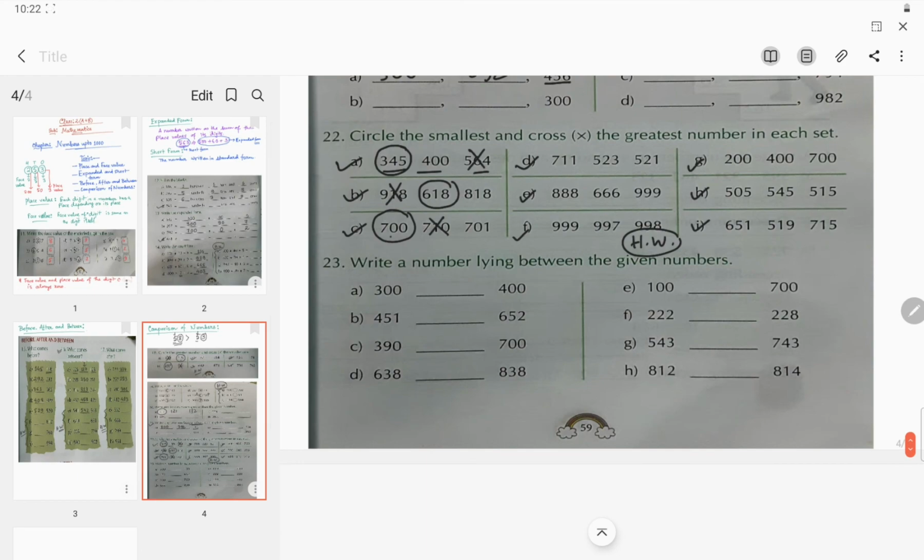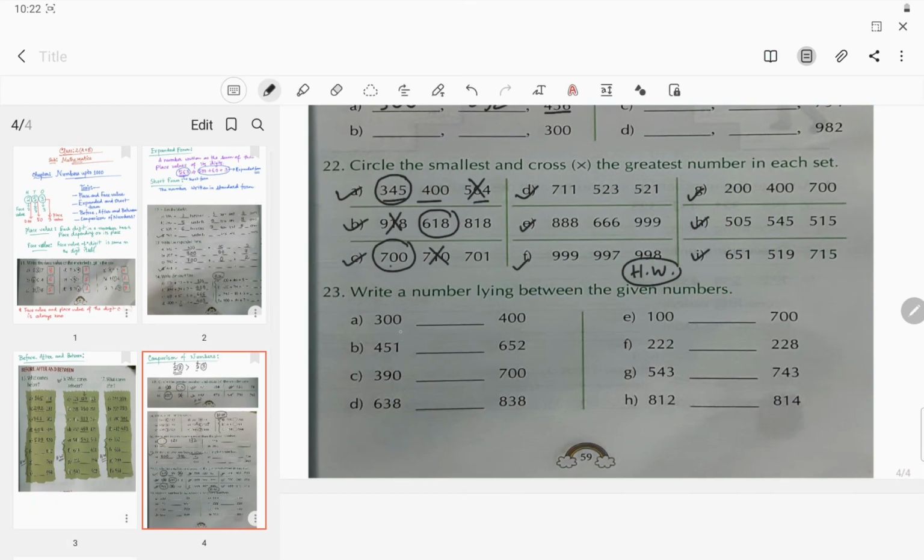Now question number 23, which is write a number lying between the given numbers. So 300 and 400, you have to write any number between 300 and 400.